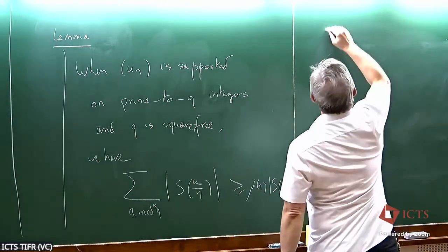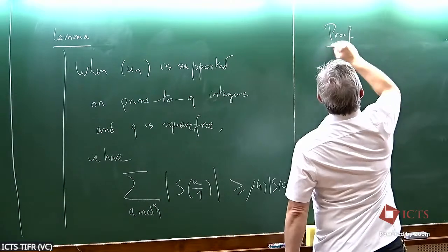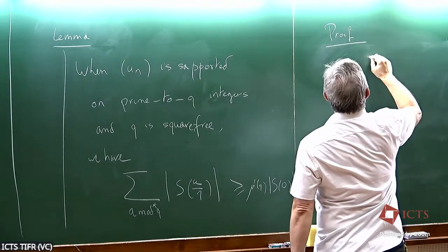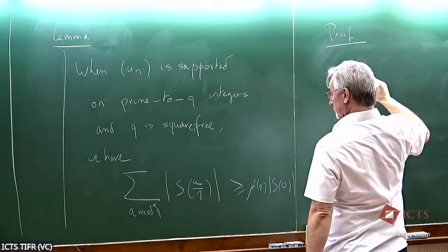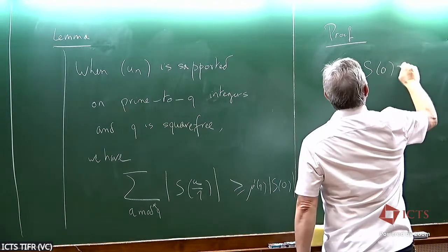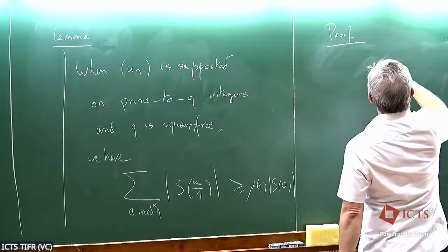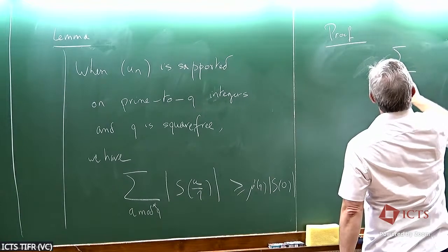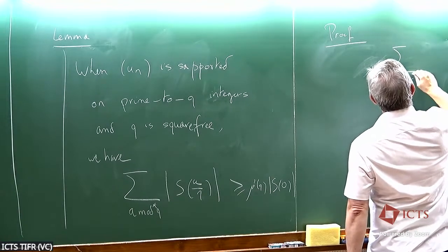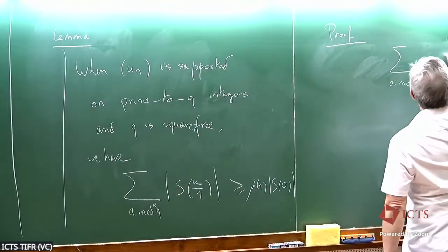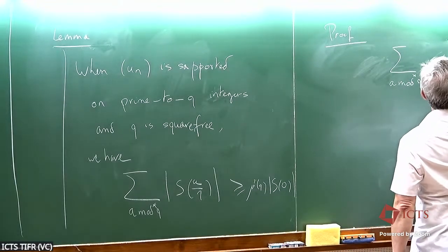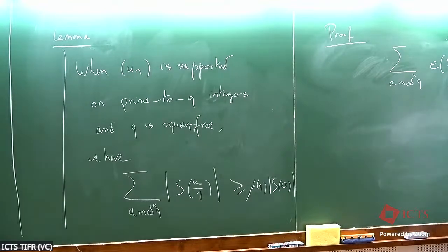So the proof: you write the sum over a modulo star q of e(na/q), equal, if n is prime to q, what is the value?